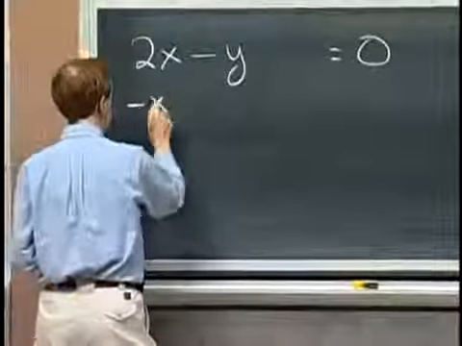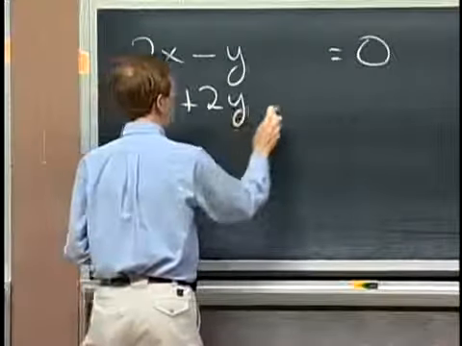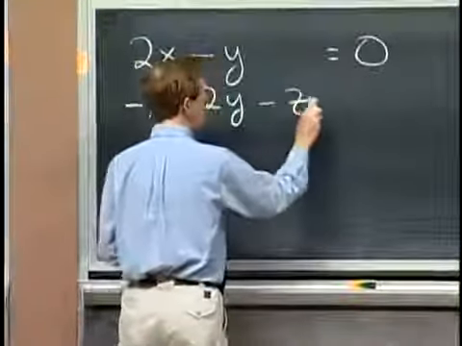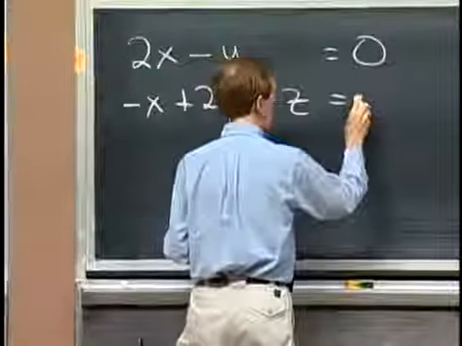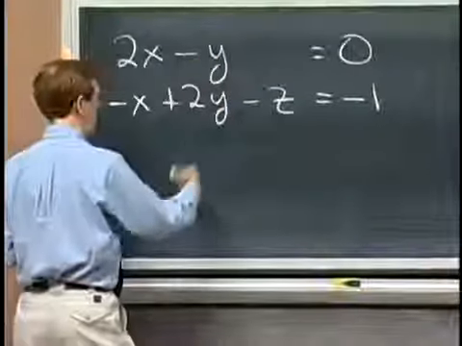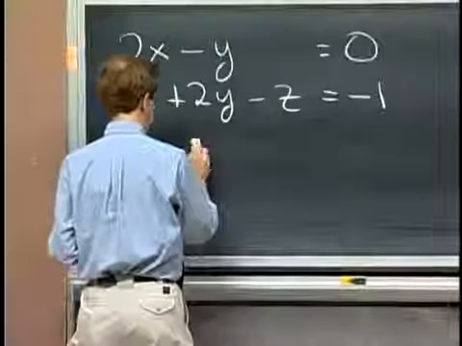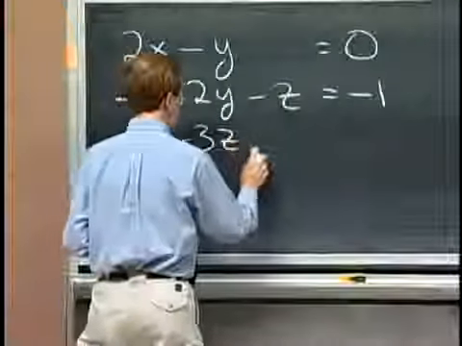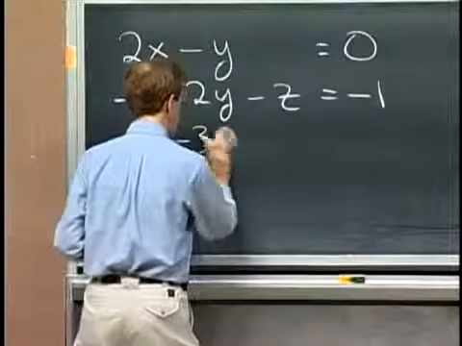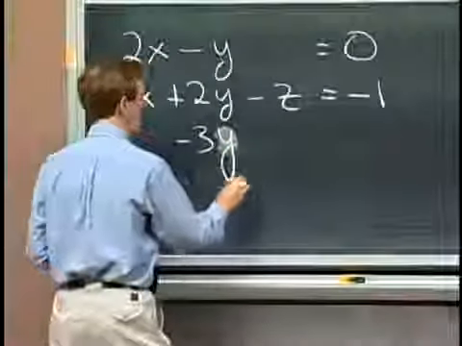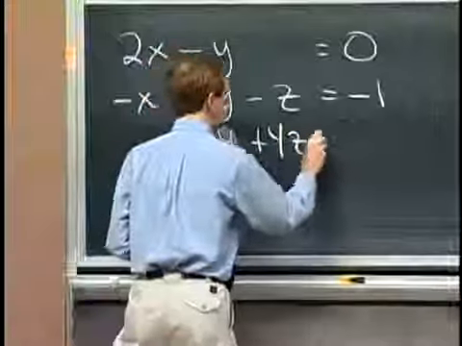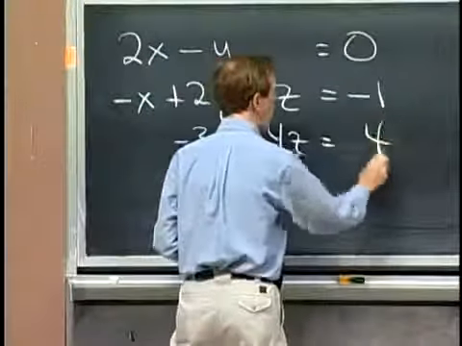And a minus x and a 2y, and a minus z is, let me make that a minus 1. And just for variety, let me take minus 3y's. I should keep the y's in that line. Minus 3y and 4z's is, say, 4.